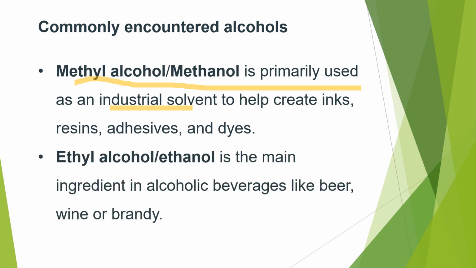Whereas ethanol is less toxic compared to methyl alcohol in small percentages. This is the main ingredient present in almost all alcoholic beverages. Name any alcoholic beverage, and it contains ethanol or ethyl alcohol. This is the only alcohol which can be consumed in smaller amounts.